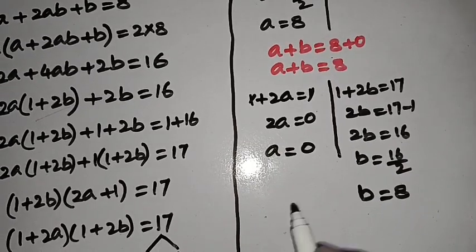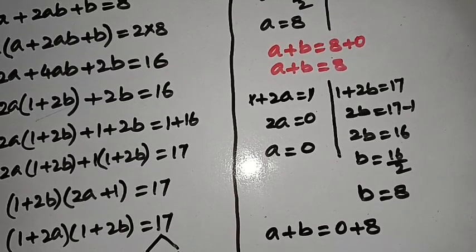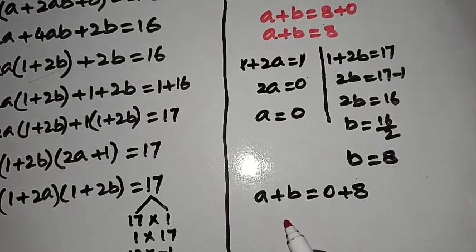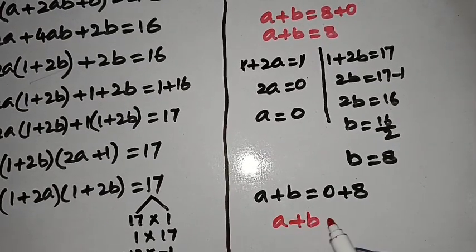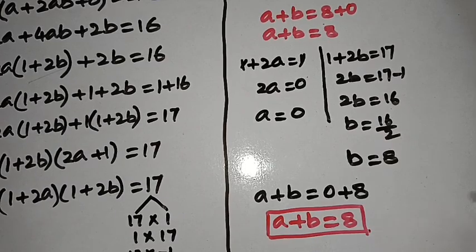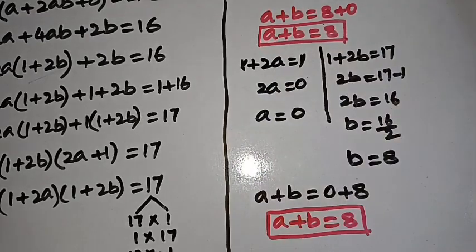So in this case also we have a + b = 0 + 8. So the value of a + b we get here is again the same value, a + b = 8 we got here. And the first value also we got a + b = 8.